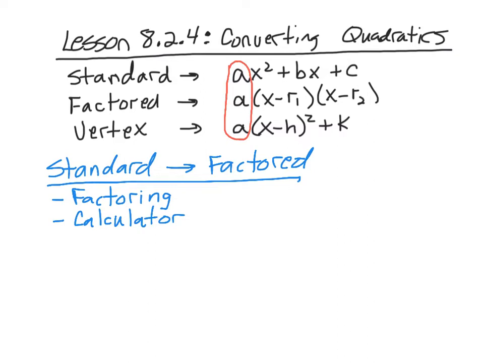All right, so let's take an example of factoring to go from standard to factored form. And it's going to be a fairly easy one, but always good to see again. So an example, factoring.